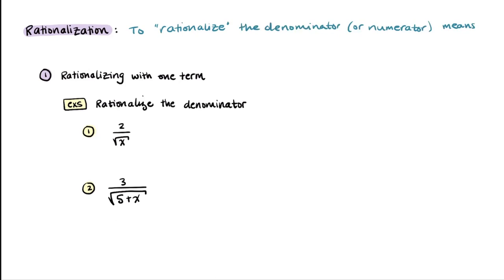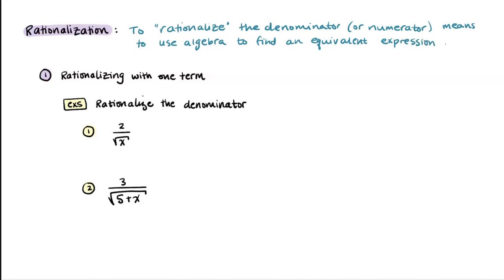So if you're going to rationalize a denominator, it means to use algebra, and I'll show you how, to find an equivalent expression. So one that means the same thing, but maybe it just looks a little bit different.